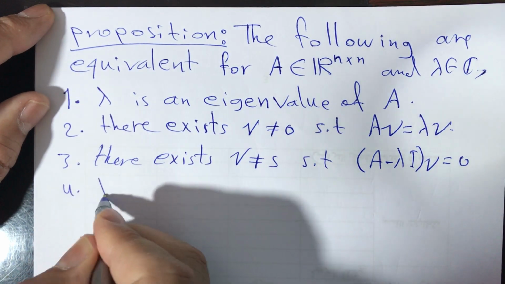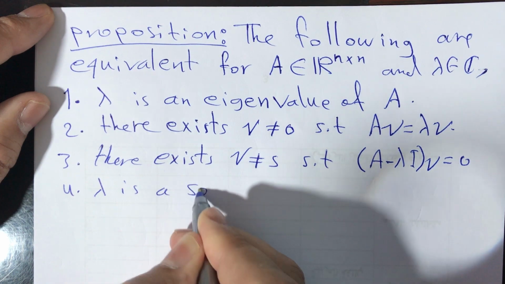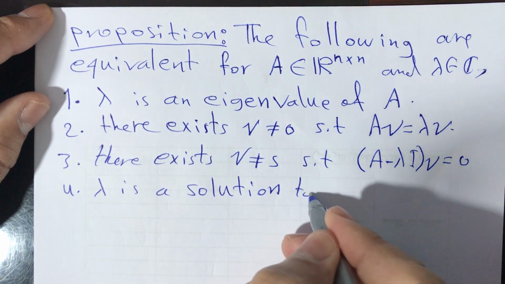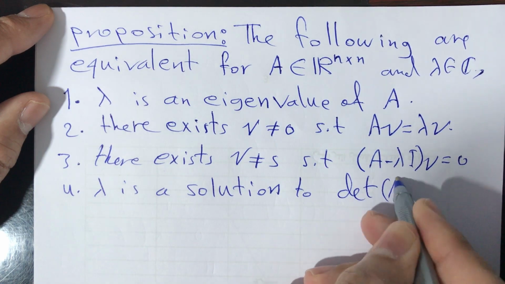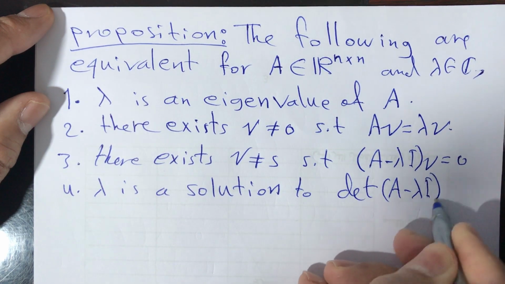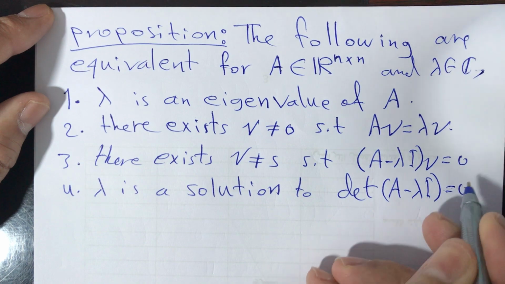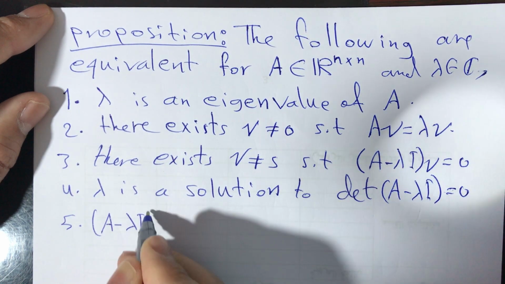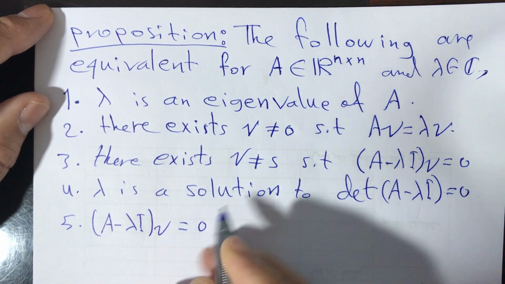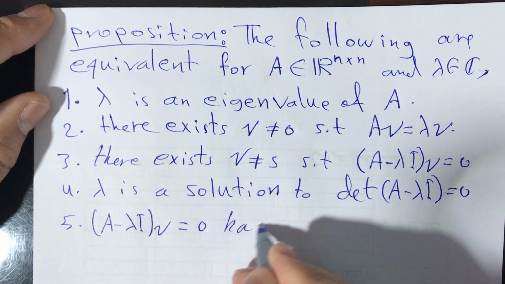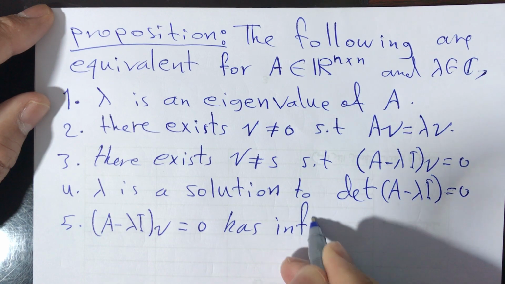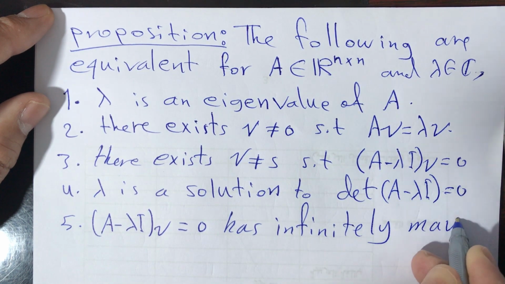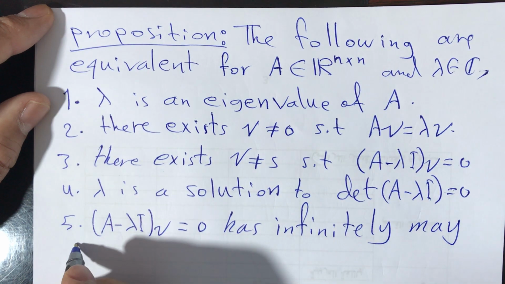Number 4: Lambda is a solution to determinant of A minus lambda I equals 0. Number 5: (A minus lambda I) v equals 0 has infinitely many solutions.